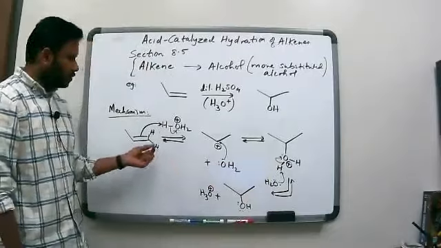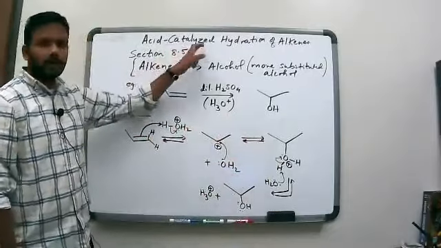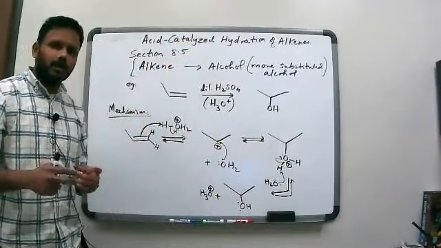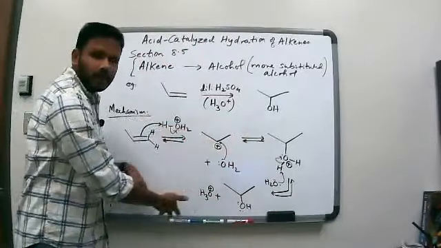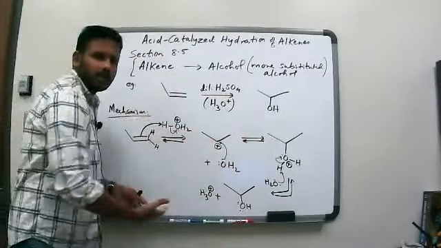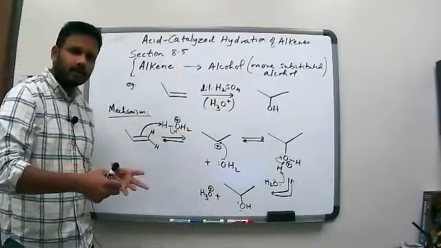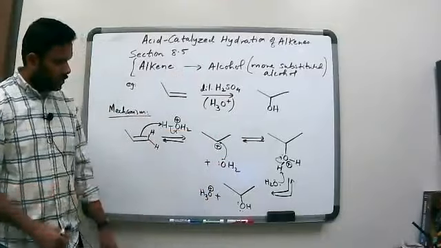That means you only need a tiny bit of acid for this reaction, so that's why we call it acid catalyzed. Both hydration and dehydration are acid catalyzed reactions because you start with an acid and you end with an acid. The acid basically comes out. It's just a catalyst: it participates in the reaction, but it is not used up. So we get that hydronium ion back.